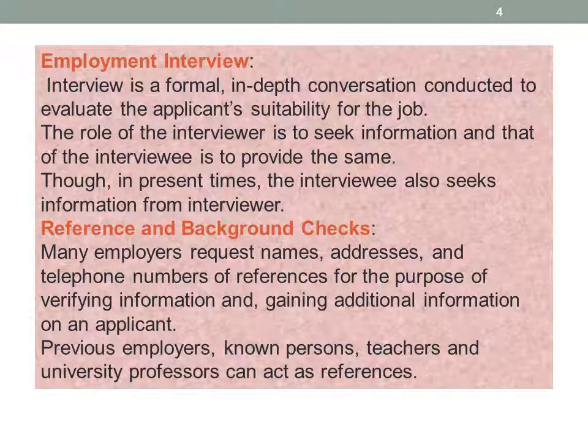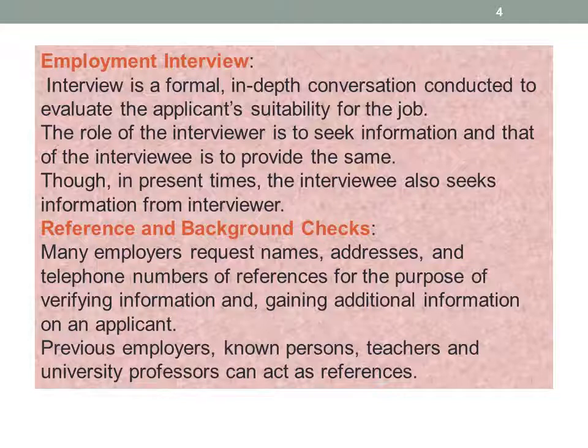The other 200 were rejected at the level of selection tests. Now 170 persons were rejected at the level of interview. How many are left? Only 30 persons are left. And if you remember, we have to select only 5. Now, a few will be rejected on the basis of reference and background checks.